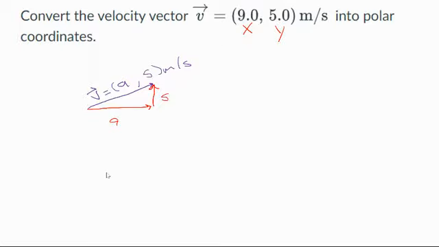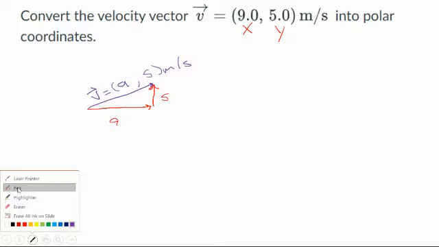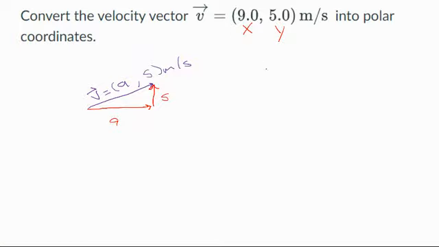Okay? So what they're saying, polar coordinates, they're talking about how does this thing live in the xy plane? So if I think of the xy plane, how do I determine the magnitude and the angle?